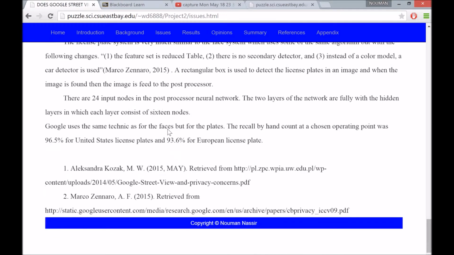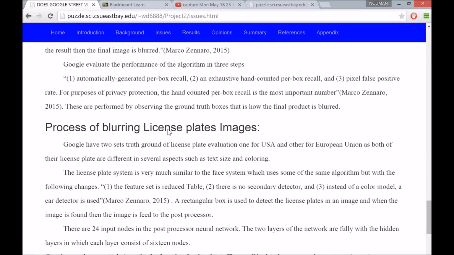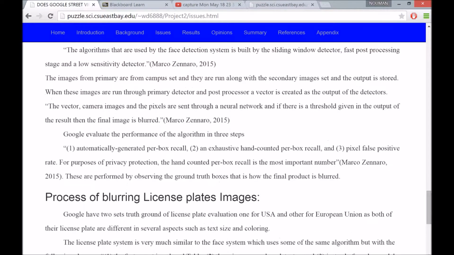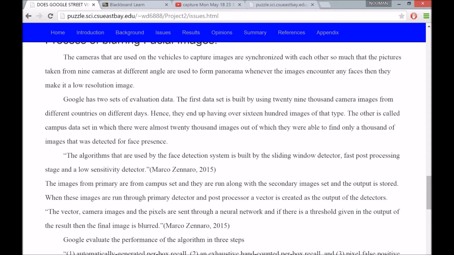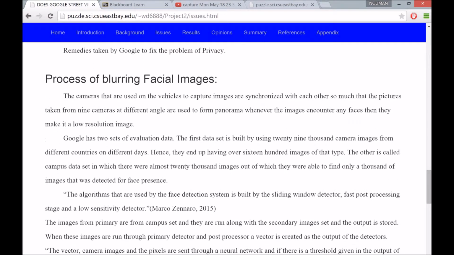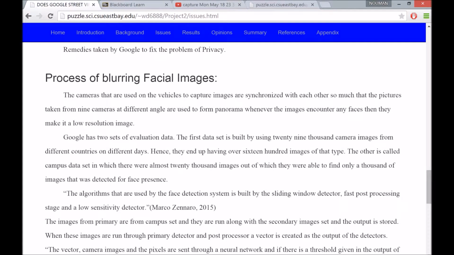It also covers the process that Google adopted to change the problem that it was facing for a long time. They use different algorithms that detect faces in the images, and it automatically processes them and tries to blur them.